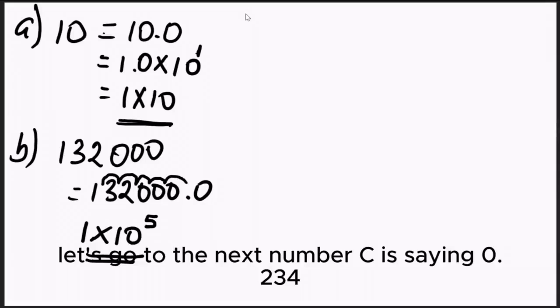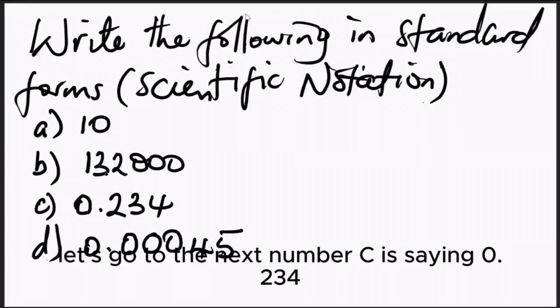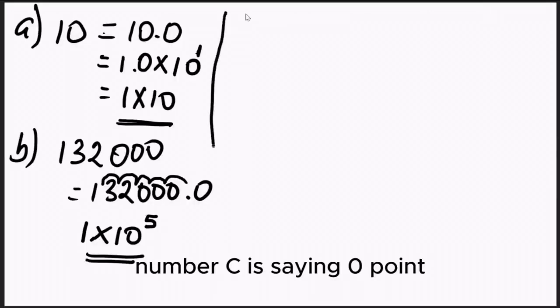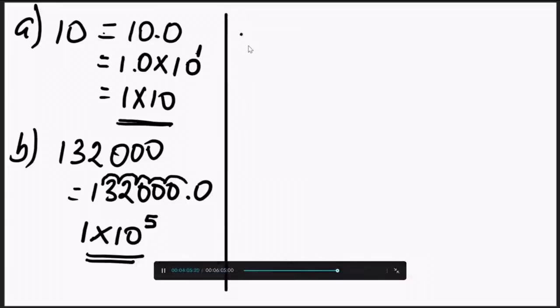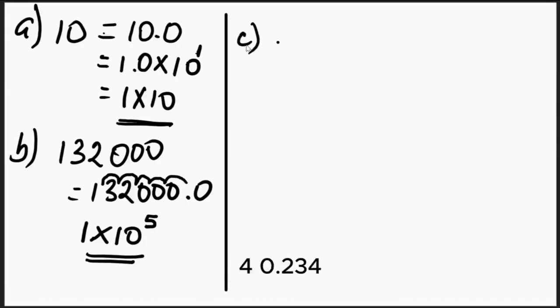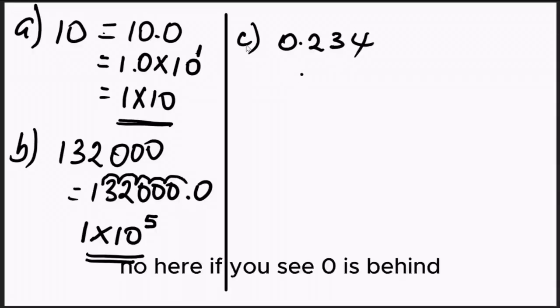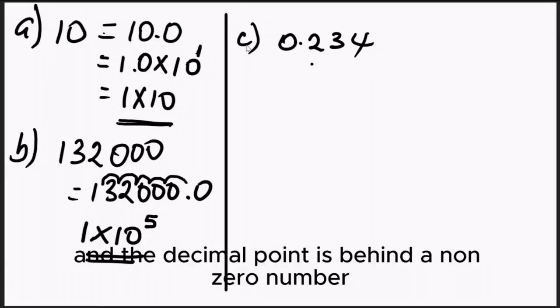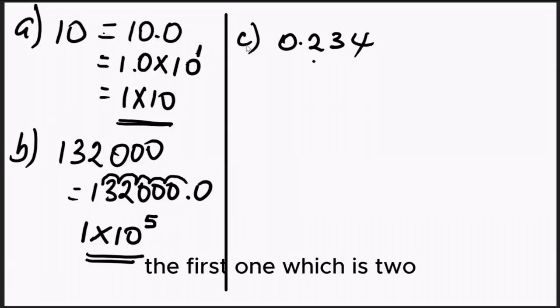Let's go to the next. Number C is saying 0.234. Now here, the 0 is behind, and the decimal point is behind the first non-zero number, which is 2.